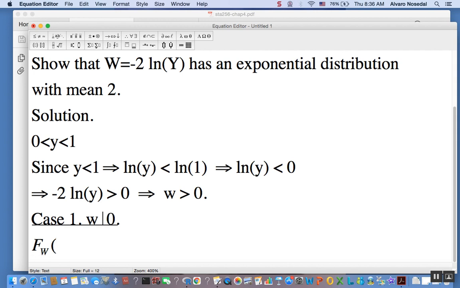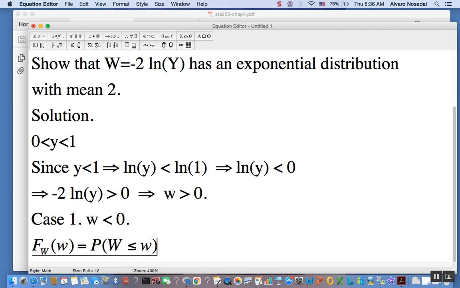Let me start like this. We use that capital F notation for the CDF, the cumulative distribution function, but we know that it represents the following probability: the probability that the random variable W is less than or equal to a particular value, lowercase w.